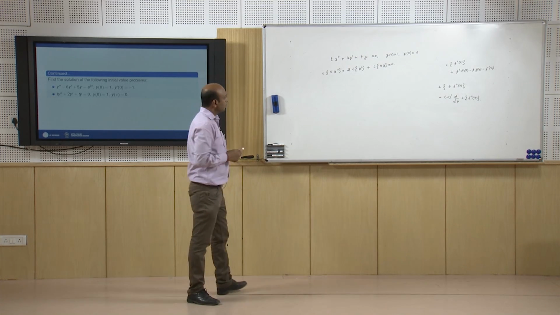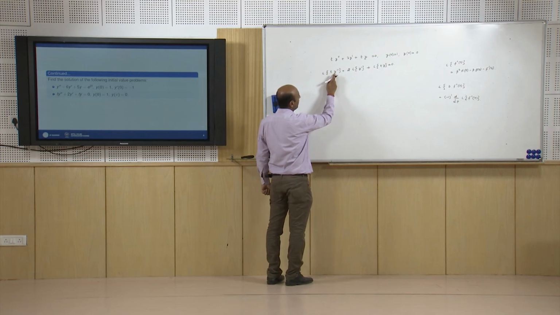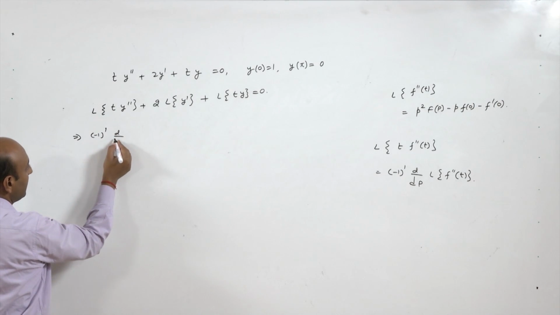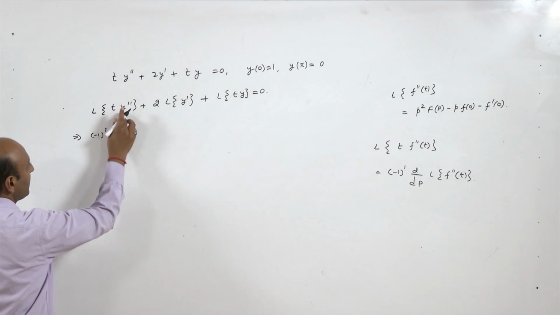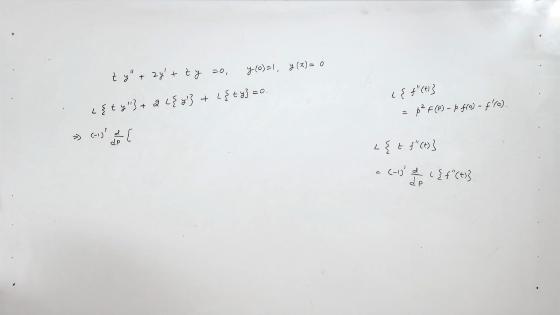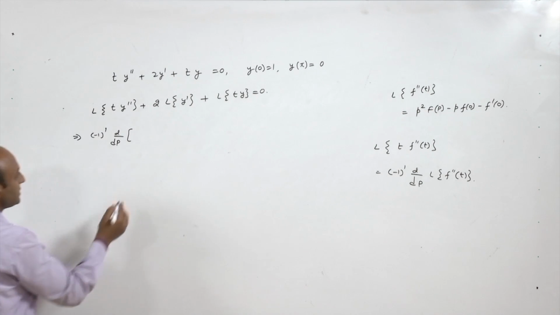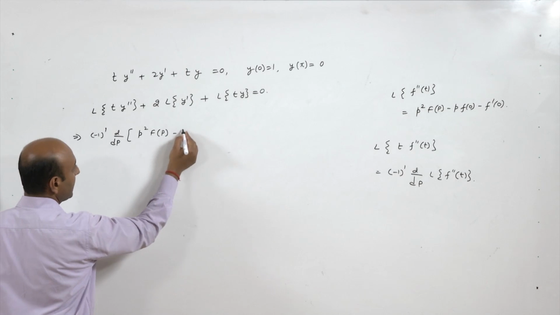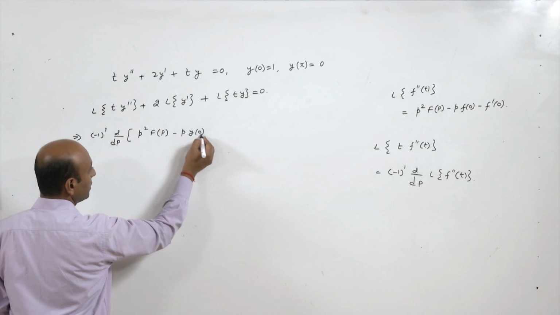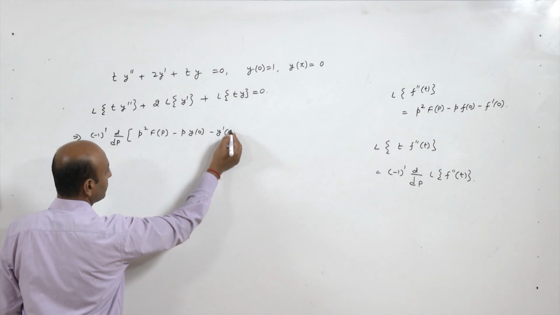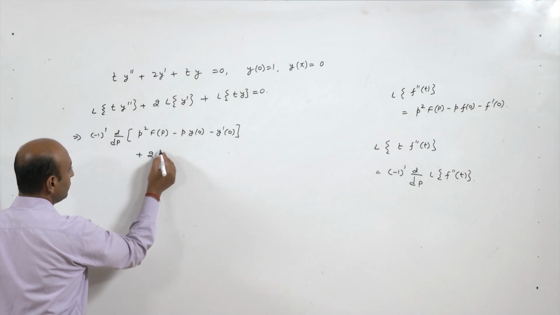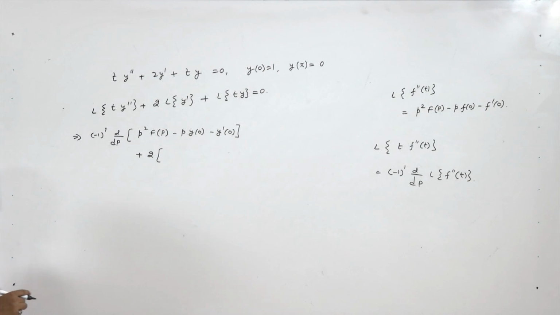So, now the Laplace transform of t into y double dash will be minus 1 to the power 1 d by dp of the Laplace transform of y double dash. The Laplace transform of y double dash is p square F p minus p into y 0 minus y dash 0, plus 2 into the Laplace transform of y dash.